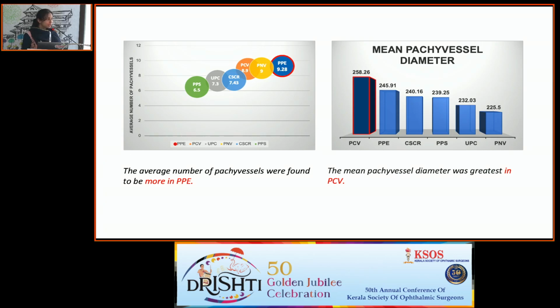And mean pachyvessel diameter was larger in polypoidal choroidal vasculopathy, followed by pigment epitheliopathy and central serous retinopathy. So, the mean pachyvessel diameter results were similar to the results we got in the mean choroidal thickness.